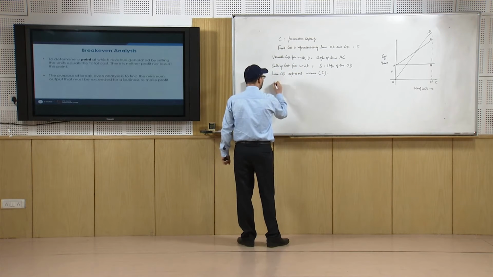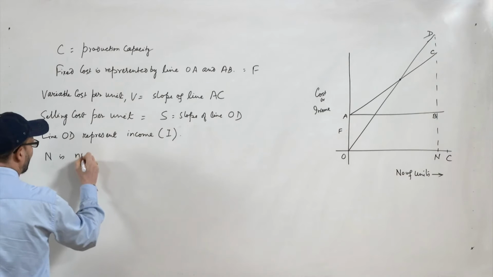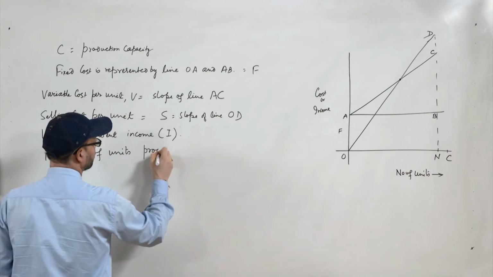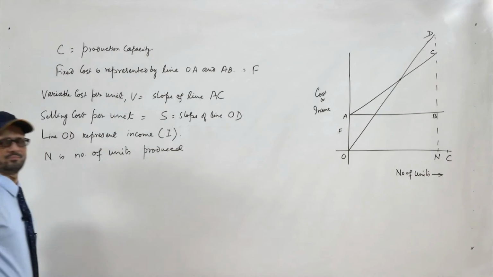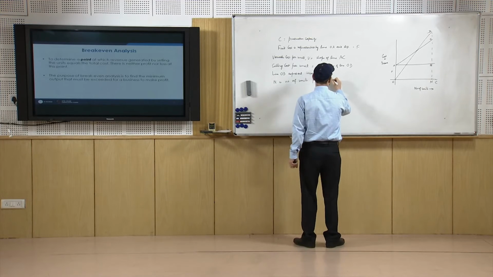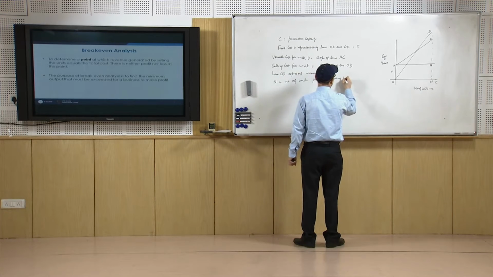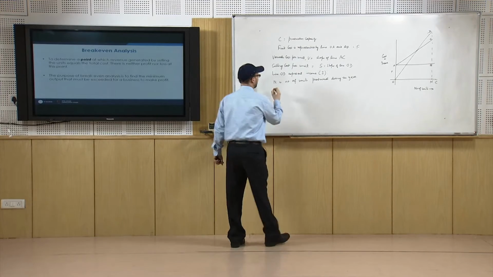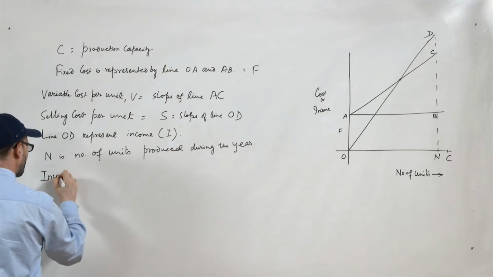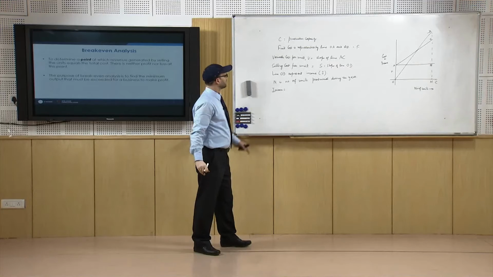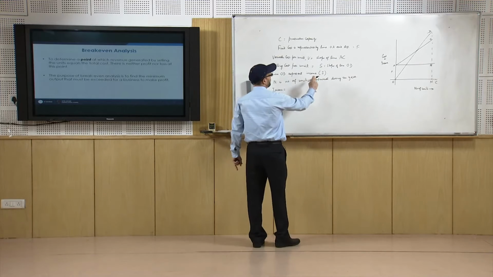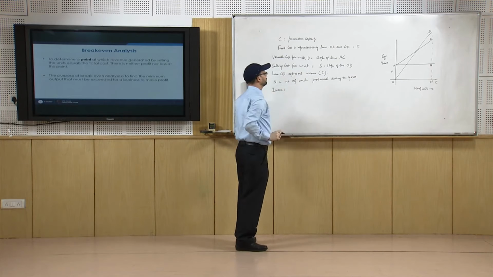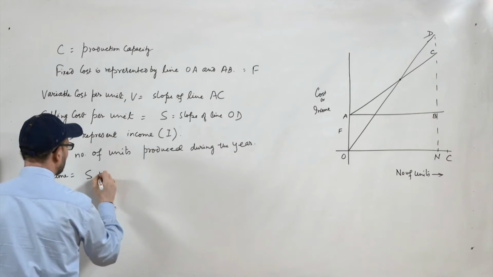So, if N is the number of units produced during the year, income will be nothing but the selling cost per unit multiplied by the number of units produced. So, it will be S times N.